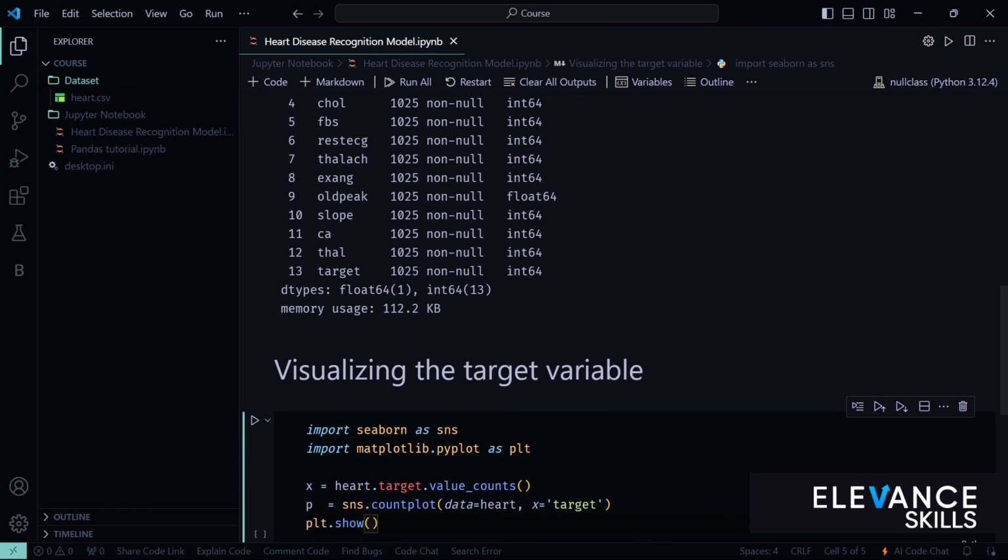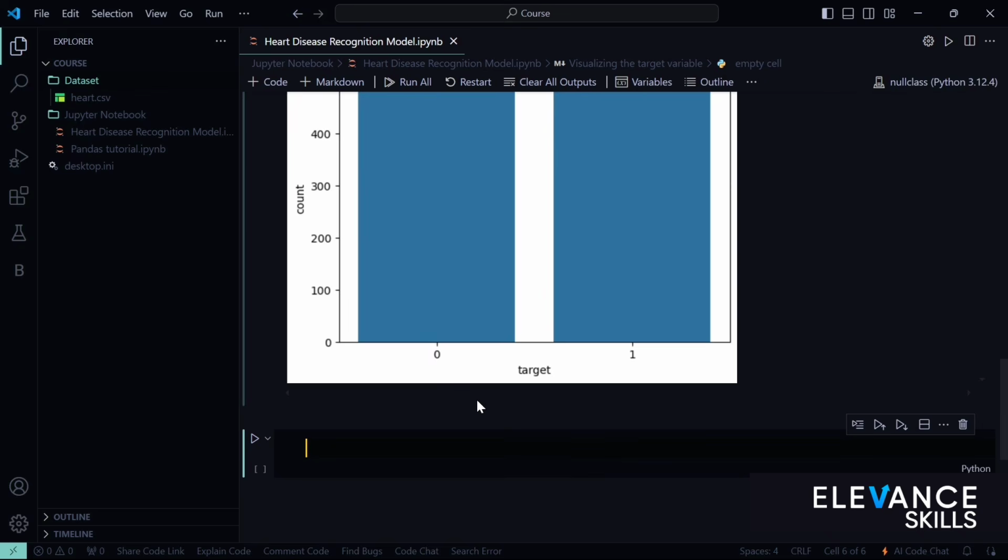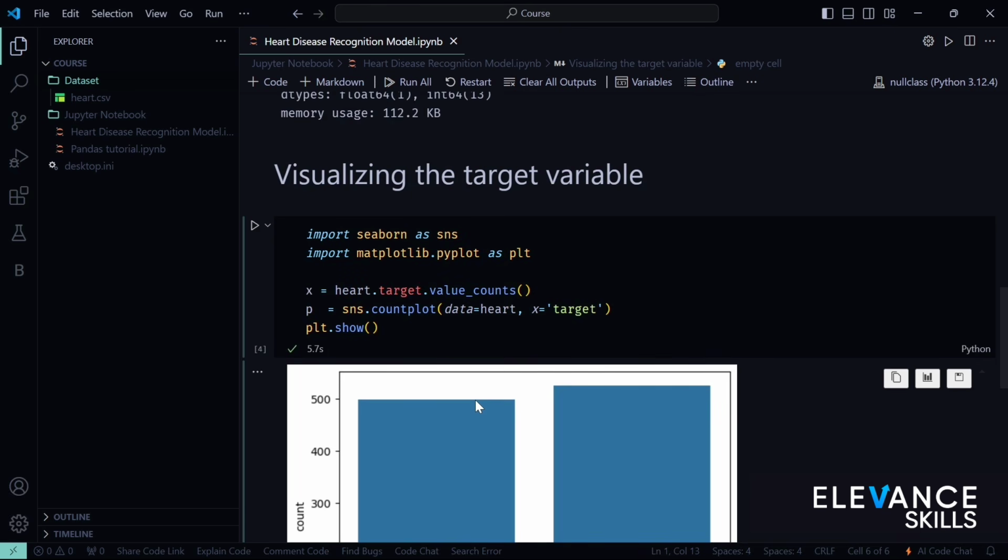The value_counts function gives us the distribution of the target variable, and the countplot function visualizes this distribution as a bar chart. This is a simple yet powerful way to see how balanced or imbalanced our classes are.